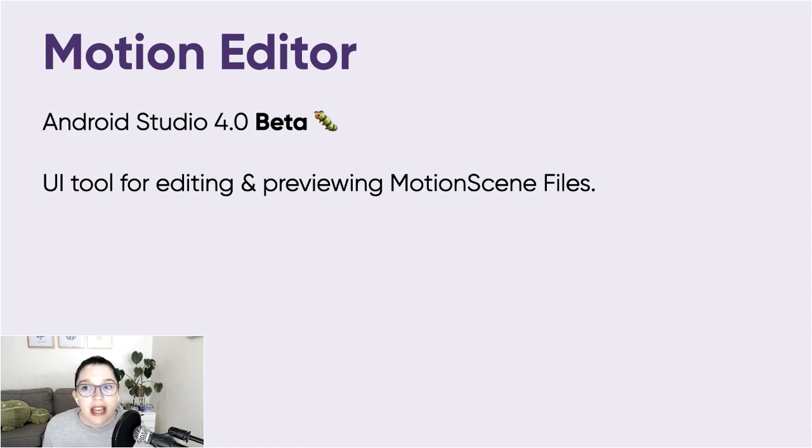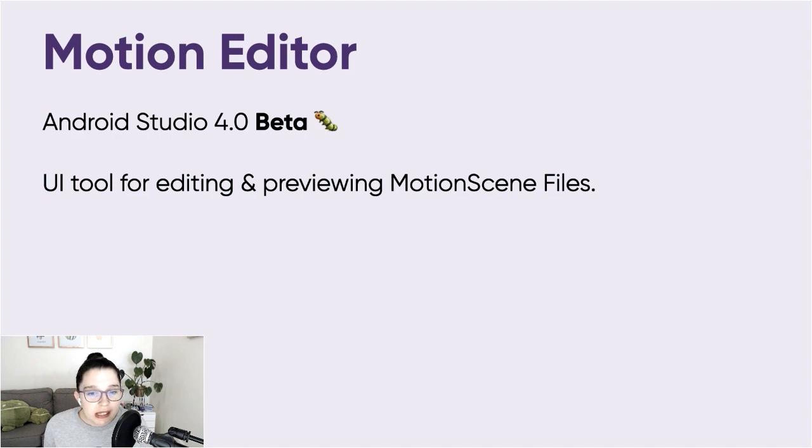Like I mentioned, this is however only for Android Studio 4.0 Beta. So there are, to be expected, a couple of bugs, but working with motion scene and motion layouts is way, way easier than writing up all that XML that we just looked at.